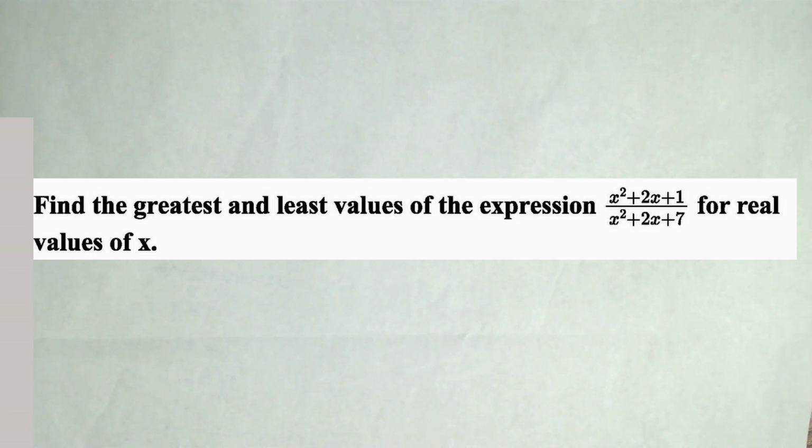Find the greatest and least values of the expression (x square plus 2x plus 1) upon (x square plus 2x plus 7) for real values of x.